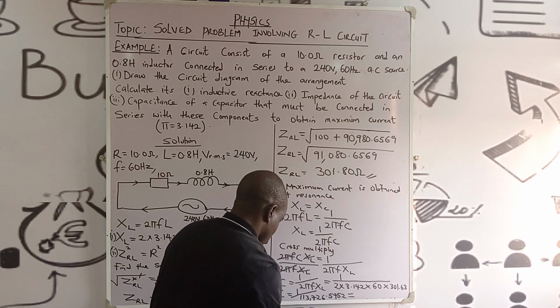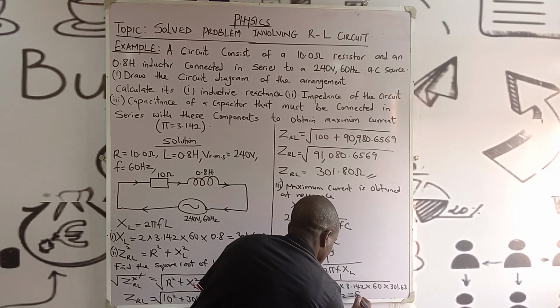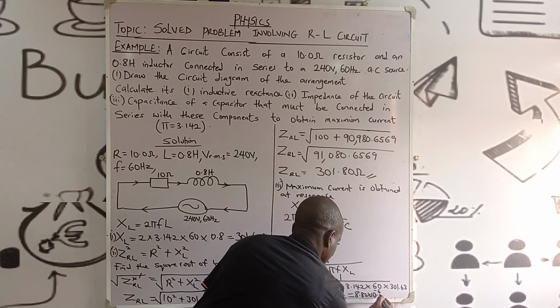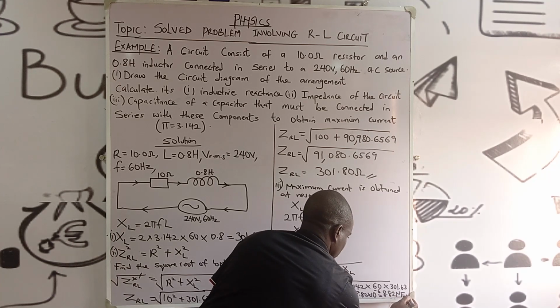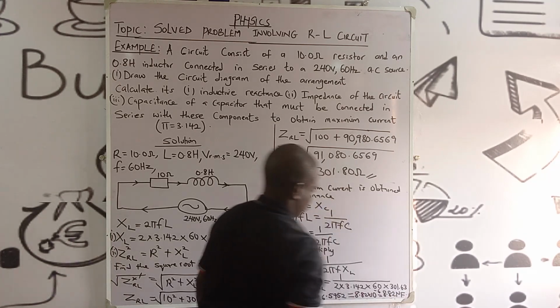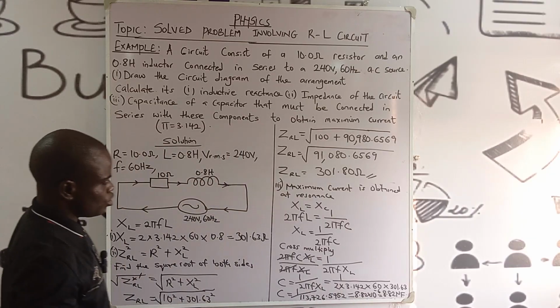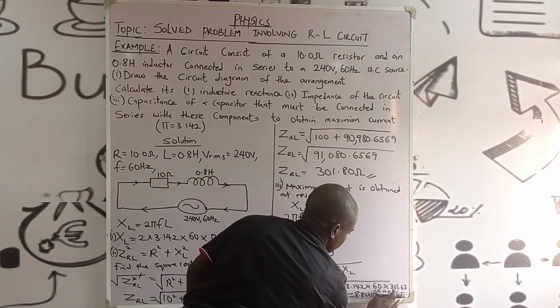We press the calculator. We are having 8.82 times 10 to the power minus 6, which equals 8.82 microfarad. That's it. It is 8.82 microfarad.